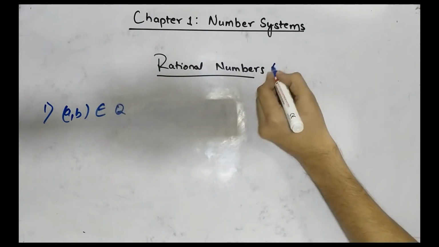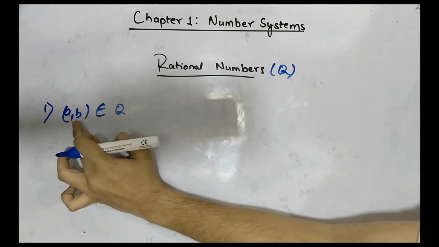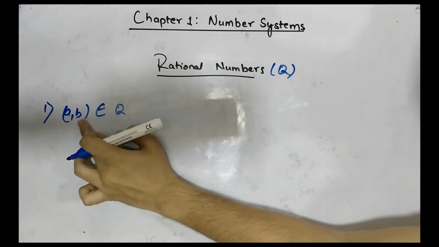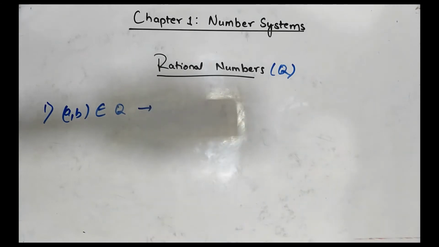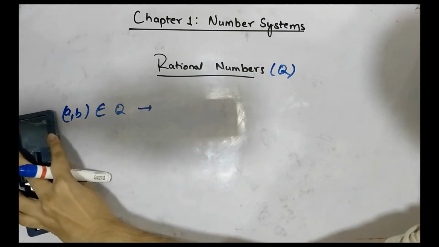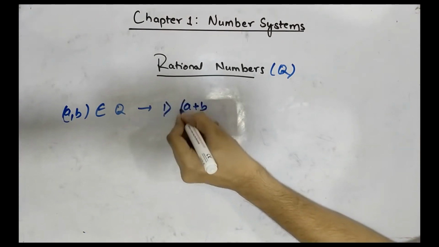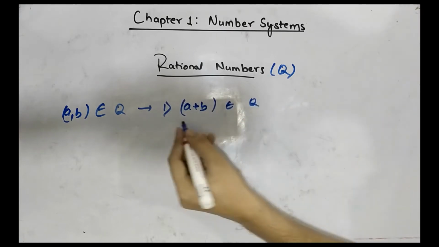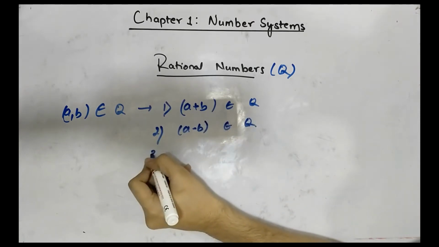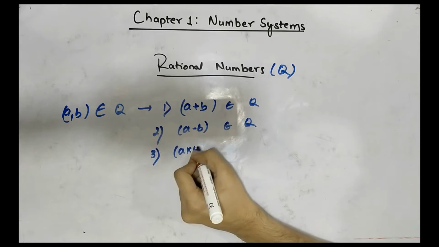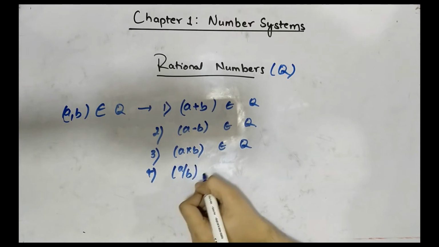Now Q is the set for rational numbers, so this means that both the numbers A and B belong to Q. If this is true, then the first property is A plus B is also a rational number. Second property is A minus B is also a rational number. Third property will be A multiplied by B is also a rational number. There's also a fourth property, A divided by B is also a rational number.